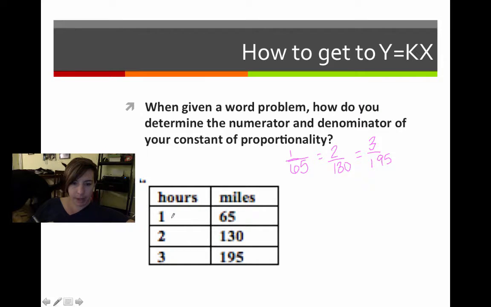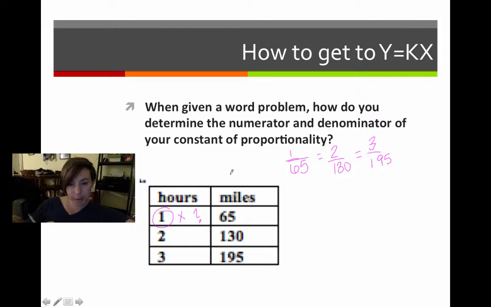What do I multiply this by? I do this times something equals this. 1 times what equals 65? 2 times what equals 130? 3 times what equals 195? Your answer for all of that is 65.